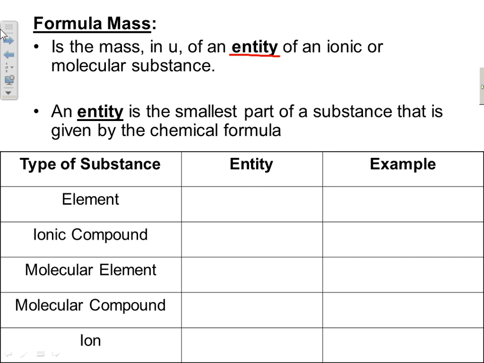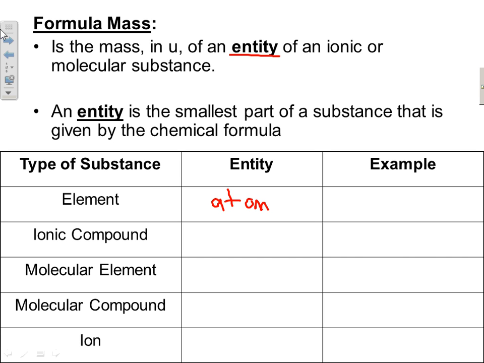So an entity is the smallest part of a substance that is given by its chemical formula. So if I have an element just by itself that isn't one of these Hofbrinkel gases, then the smallest piece of an element is an atom. Now, I don't like the red, but that's okay. We'll keep the red for this note. So if I'm talking about a cobalt entity, its smallest piece is an atom.